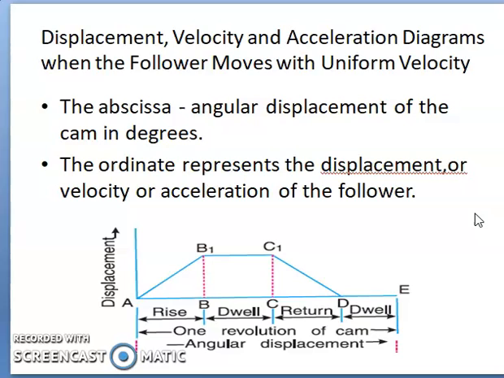We'll find out how the displacement, velocity and acceleration diagrams look when the follower moves with uniform velocity. Draw the displacement diagram. We take the angular displacement of the cam in degrees as the x-axis and the stroke or the lift of the follower as the y-axis. If it is a velocity or acceleration diagram, we take the corresponding velocity or acceleration as the y-axis.